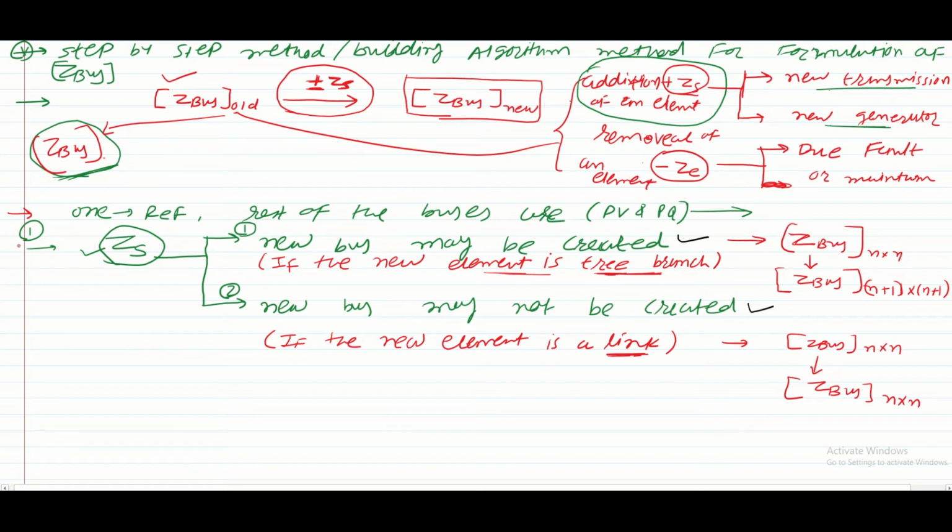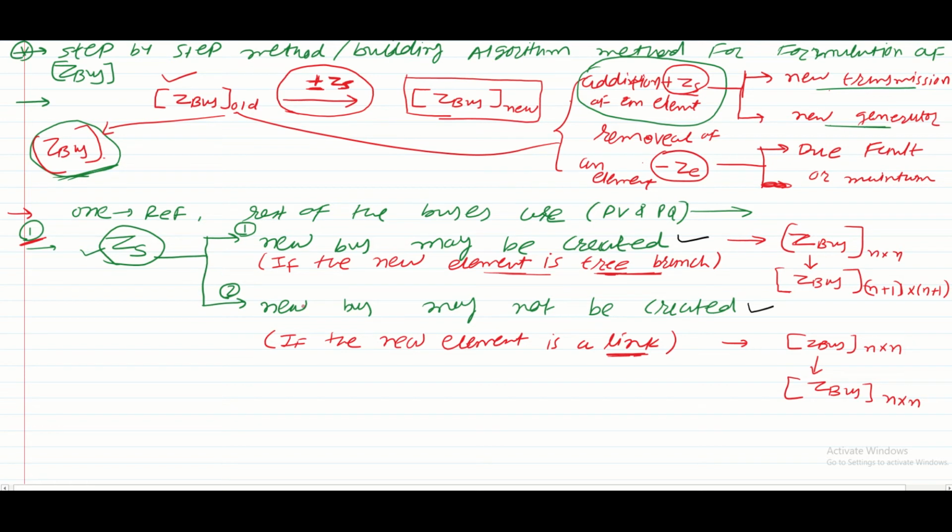So first we will understand, if the new element is added into the system, then what will happen. There are two possibilities. First, a new bus may be created after addition of ZS. What is ZS? ZS is the value of self impedance of that new element.